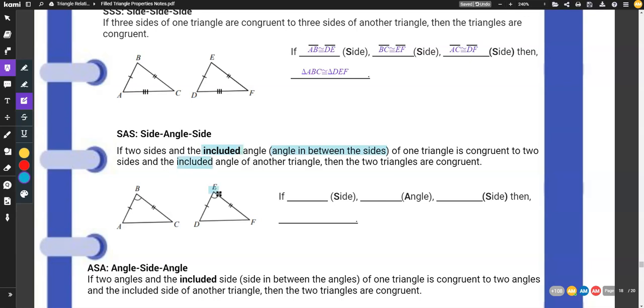So again, angle E is between DE and EF. Notice they both have the same endpoint. And AB and BC, they share an endpoint.